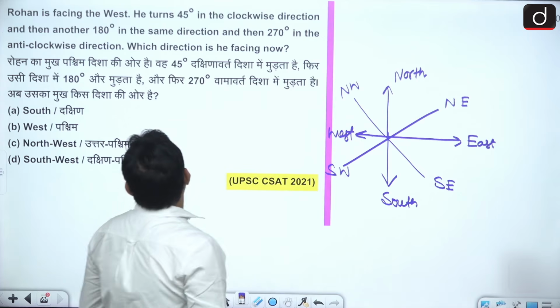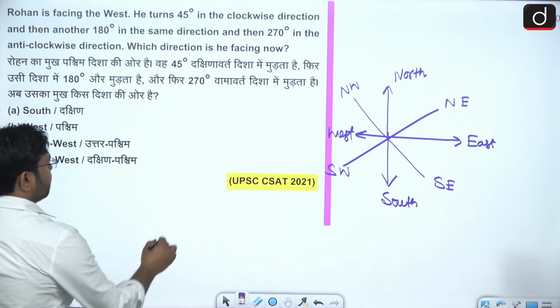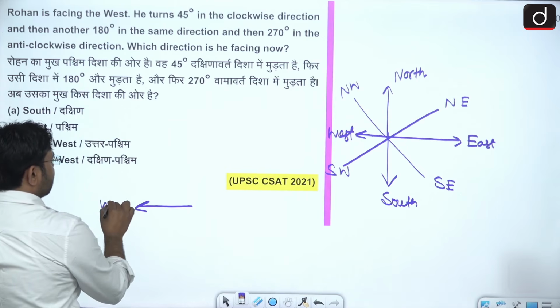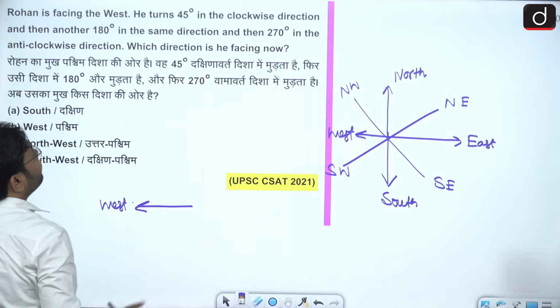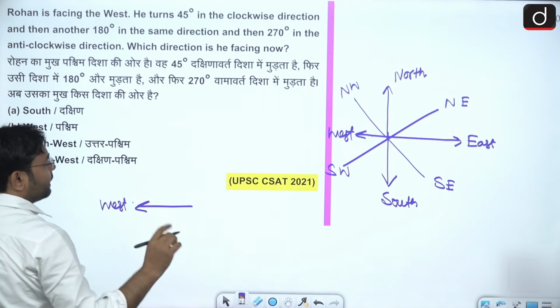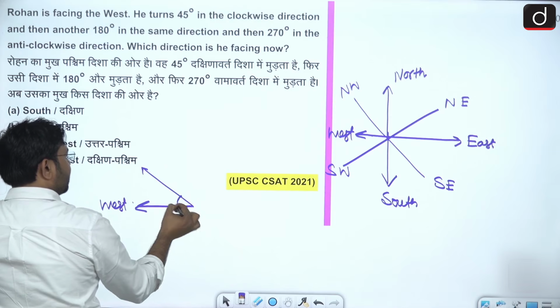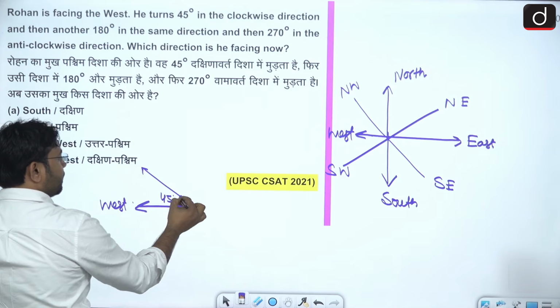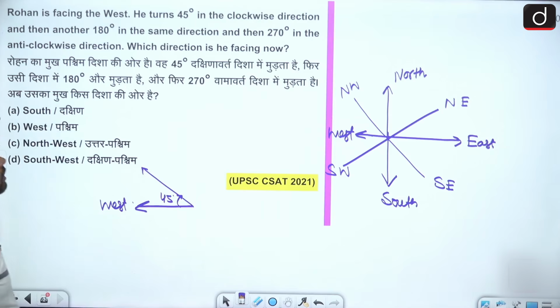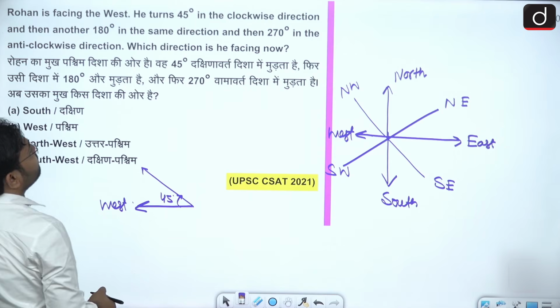Done. Now Rohan is facing the west. He turns 45 degree in clockwise, 45 degree like this and clockwise. And then 180 degree in the same direction.